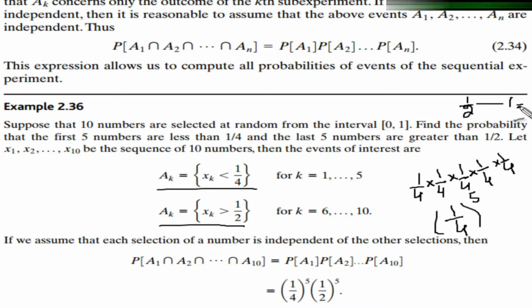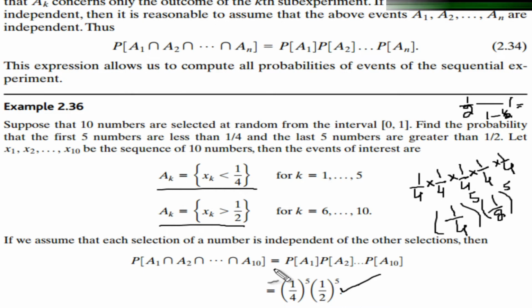So what is the area, or how many numbers will we have? That would be 1 over 1 by 2, and that would be 1 by 2 again. So again 5 numbers, a similar method will be applied, and I will get 1 by 2 raised to the power 5, and that is the answer.